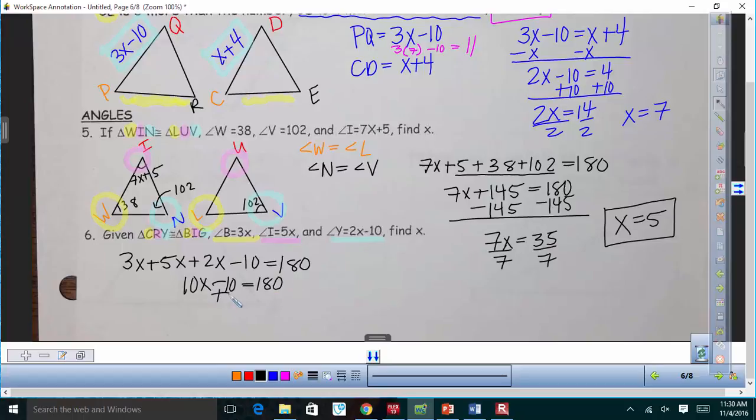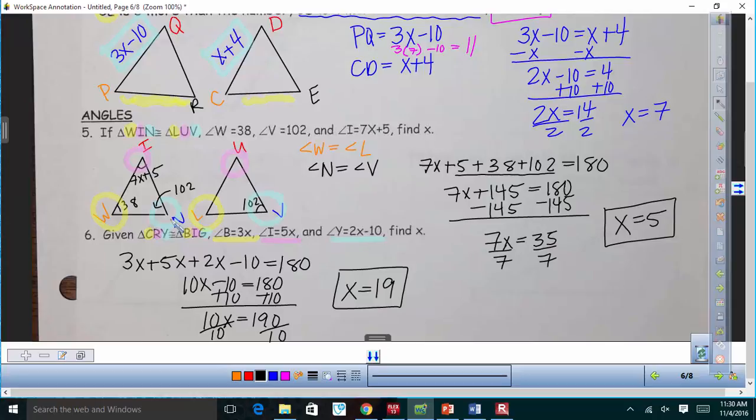Then we would add 10 to both sides because we're trying to get x by itself. That gives me 10x equals 190. We divide by 10, and x equals 19.